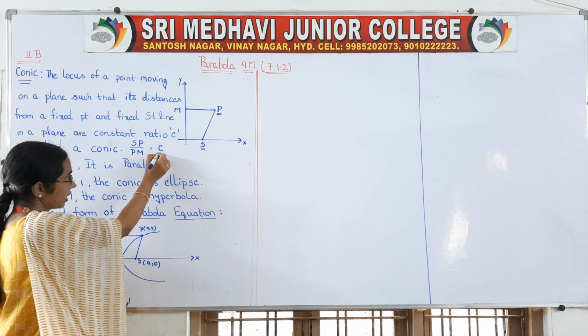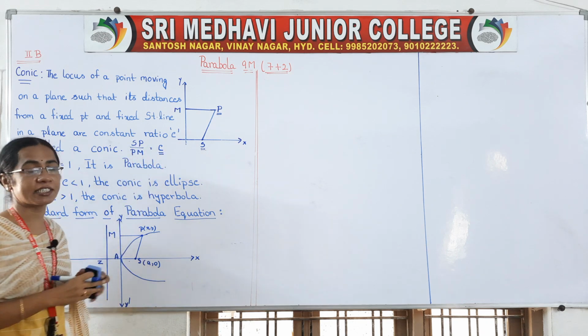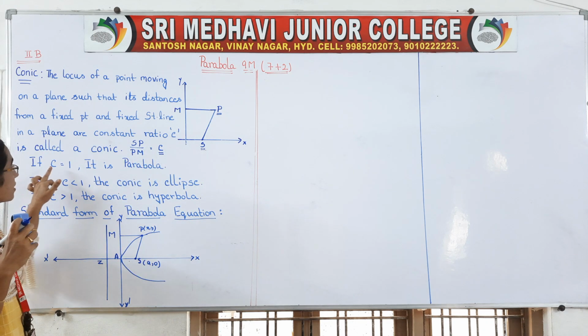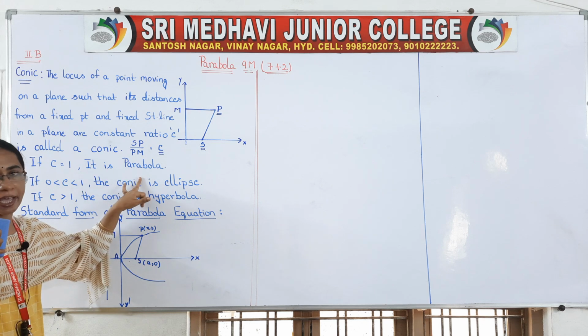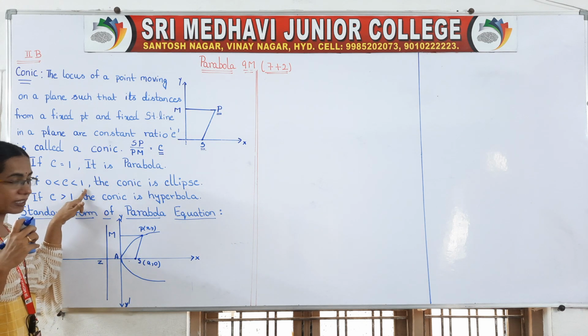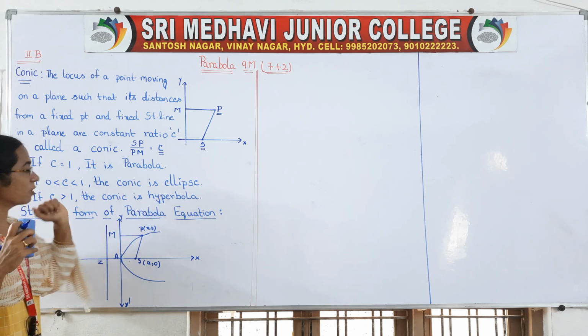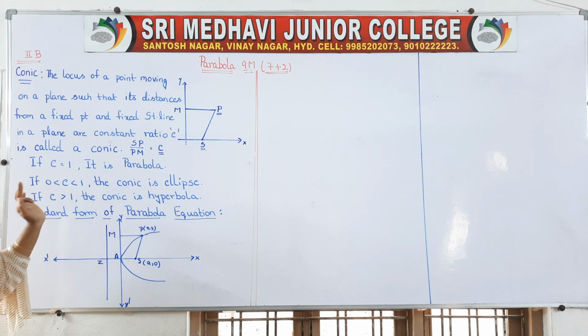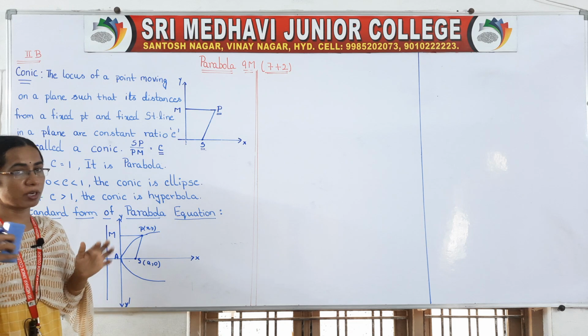That ratio is called eccentricity. If E is equal to 1, it is called a parabola. If E is greater than 0 and less than 1, then it is an ellipse. And if E is greater than 1, the conic is called a hyperbola.